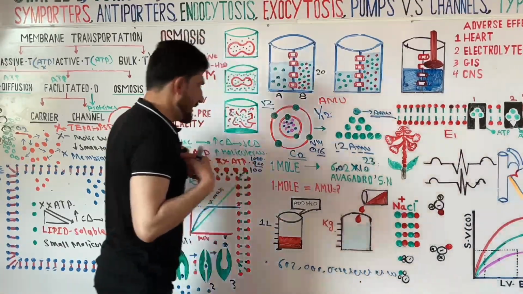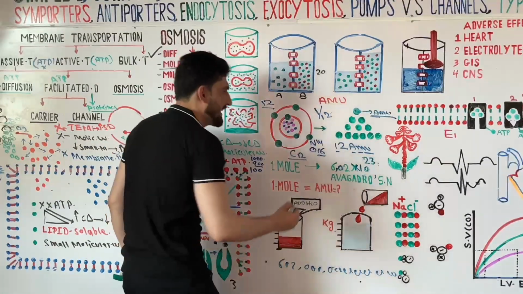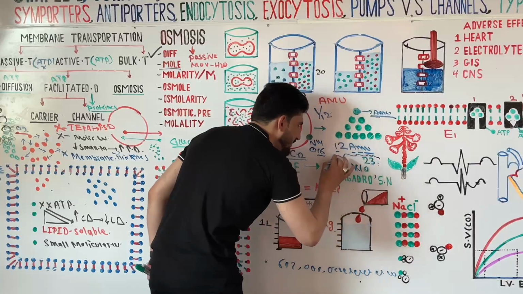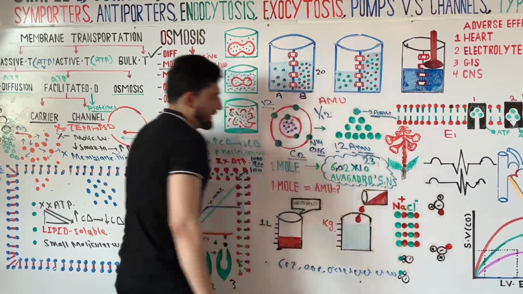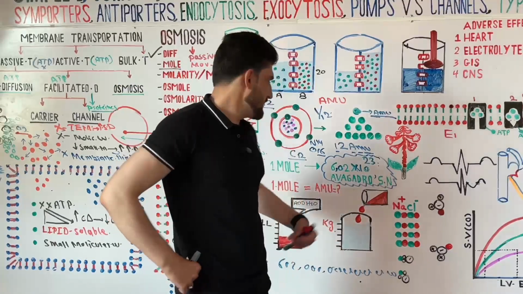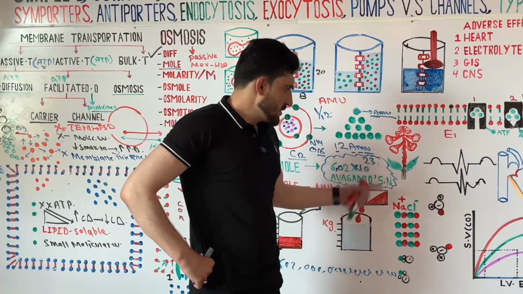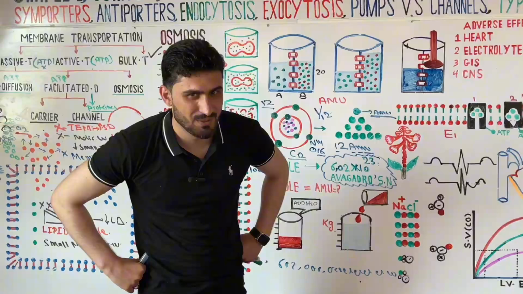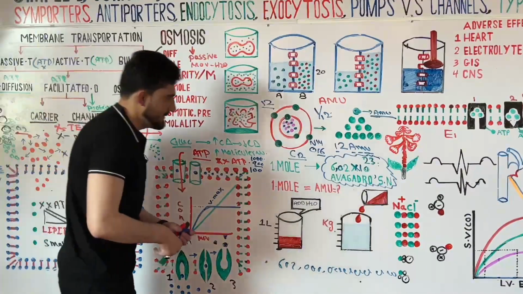Okay, so now if I tell you to give me 1 mole of carbon, you will give me this amount, and this number is also called Avogadro's number. If I tell you give me 1 mole of carbon, you will give me 6.02 times 10 to the 23 carbon atoms. It's so huge a number. It's so easy.